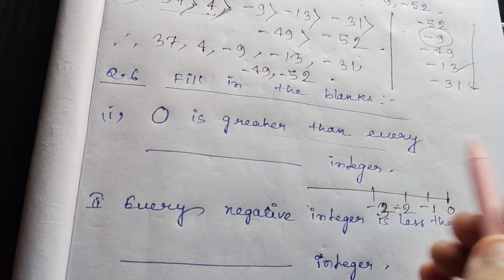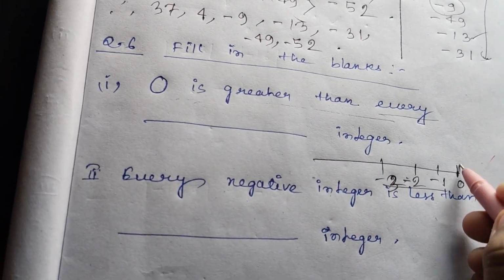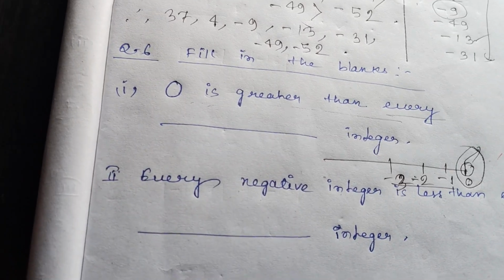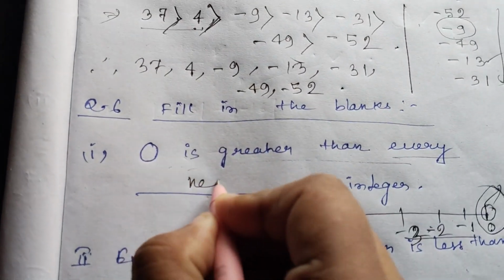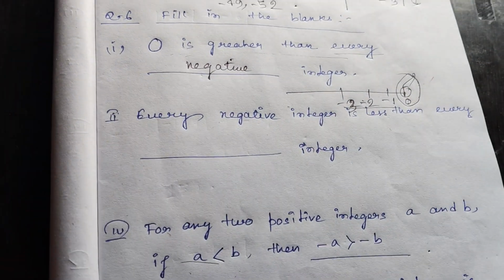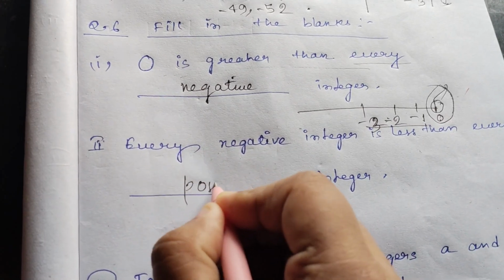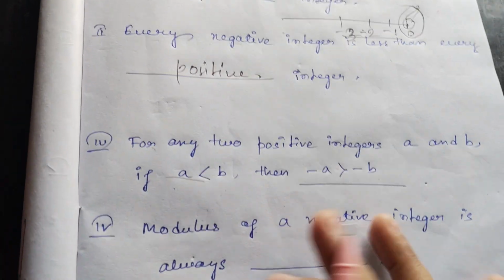So 0 is greater than every negative integer, because after the negative integers, 0 comes. So every negative integer is less than every positive integer.